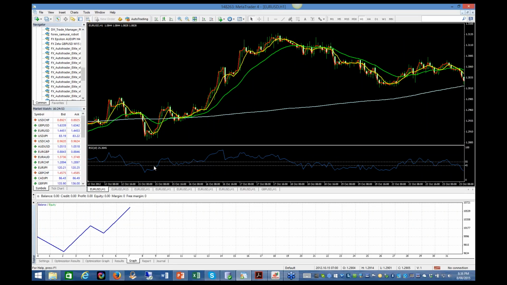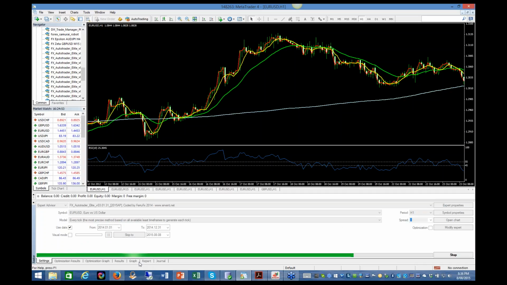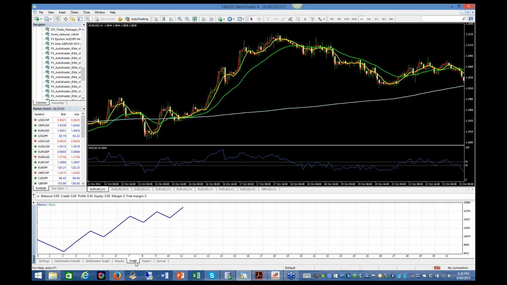This is a little bit slow, but I think it's useful to have a look at it and see whether we can repeat the performance that we achieved in the previous year, because ultimately what we want is something robust. I mean, if we only make 1% a month, but we can be assured that it gives us 1% per month year after year, then we can happily trade on automatic.